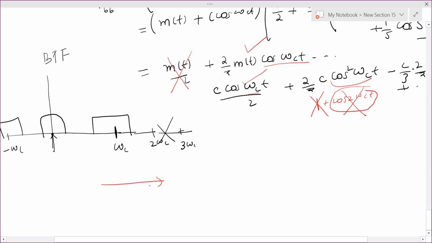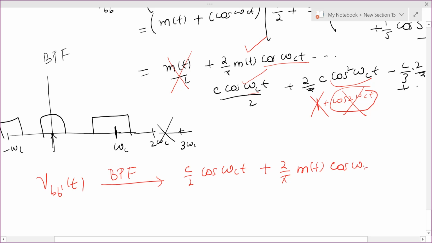So all other terms that contain higher harmonics of omega c will not be allowed. After passing through the band pass filter, this VBB dash of t, you will get c over 2 cos omega ct plus 2 by pi m of t cos omega ct. You can call this a cos omega ct, and this mu a cos omega ct.